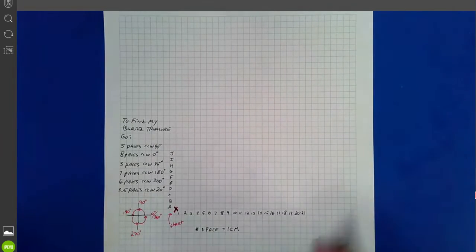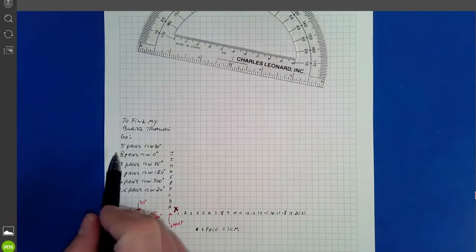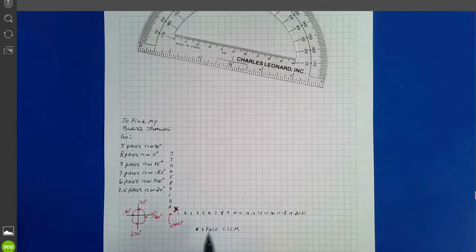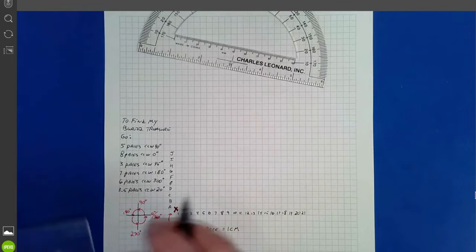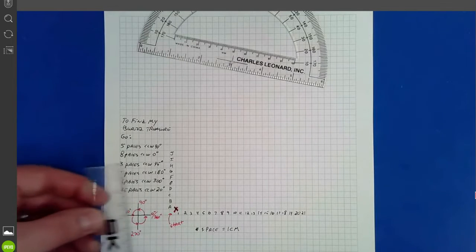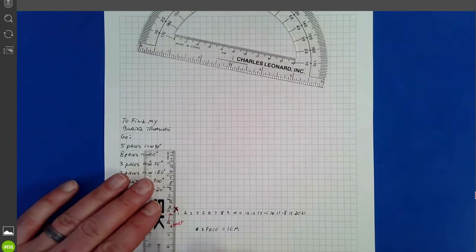So let's do this first one. My scale here is 1 centimeter equals a pace. We have 5 paces, so that's 5 centimeters. This first vector is going counterclockwise 90 degrees, so that would be 5 centimeters going north.